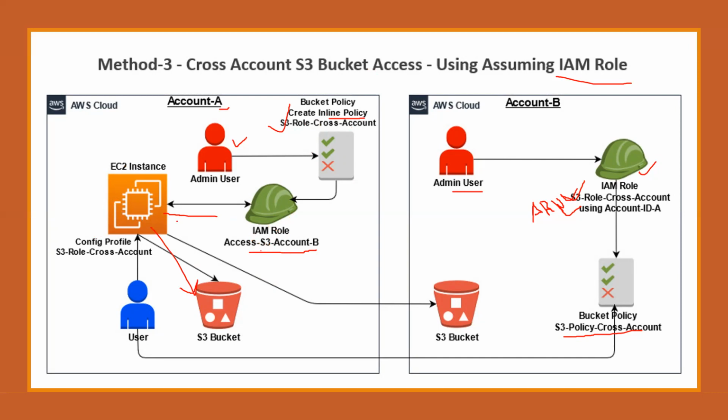For the other-region bucket that we need to access from here, we need to configure a profile. In the config profile, we will use the same role which we have created here. Only after this configuration of the config profile can that user access the cross-account bucket, that is, this bucket.